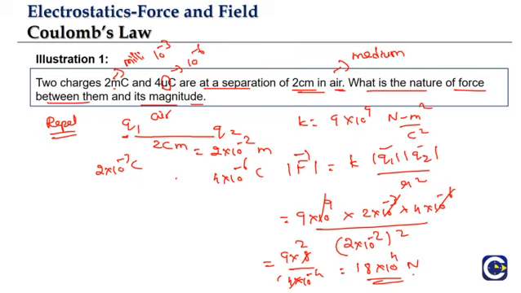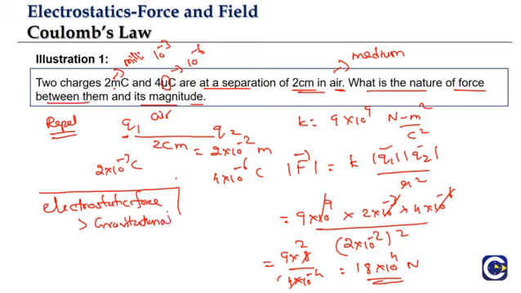And one thing we've even talked about in the first video of the chapter, that the strength of the electrostatic force is much more than the gravitational force. And one of the reasons for this is the constants in the force expression. If you look at the value of K in vacuum or free space, it is 9 into 10 power 9 SI unit.